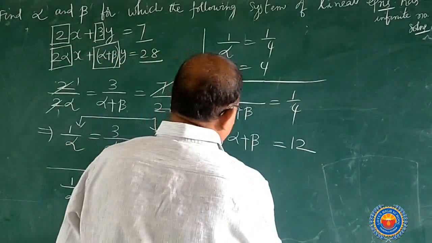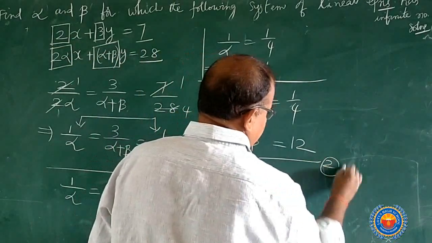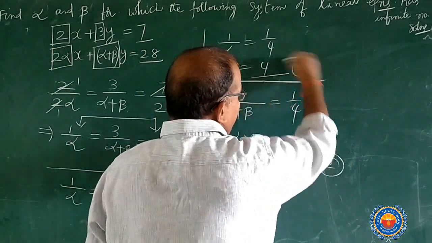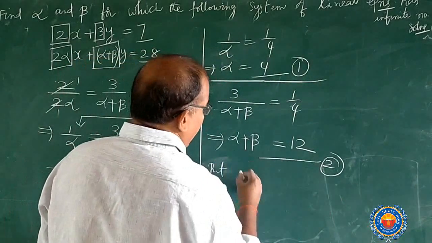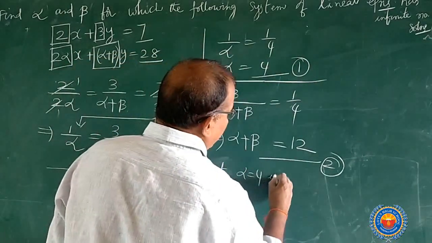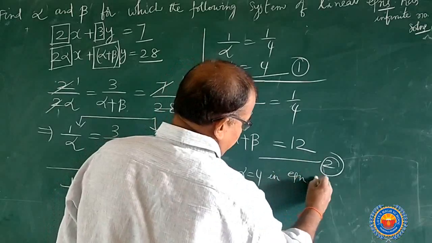This is the second equation. This is the first equation. Put alpha is equal to 4 in equation 2.